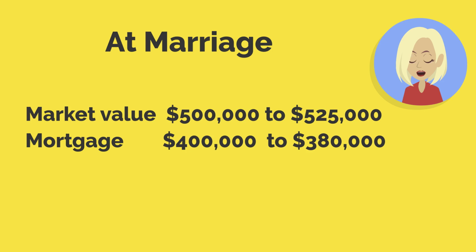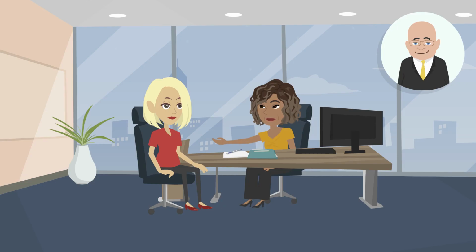The mortgage principal balance had decreased slightly since the time of purchase. At marriage, the loan balance had decreased from $400,000 to $380,000. Thank you so much. I will need documents and perhaps even appraisals to back up these numbers. Nevertheless, your numbers are enough for us to do an estimate right now.